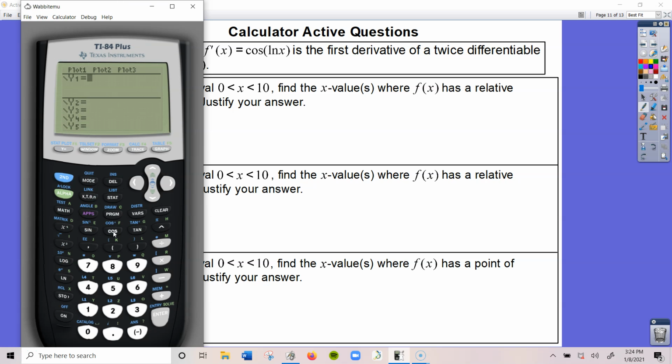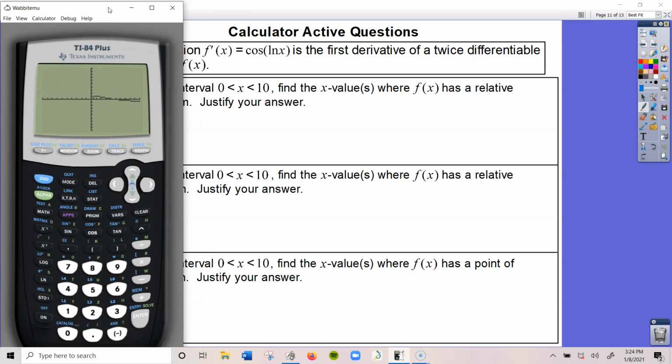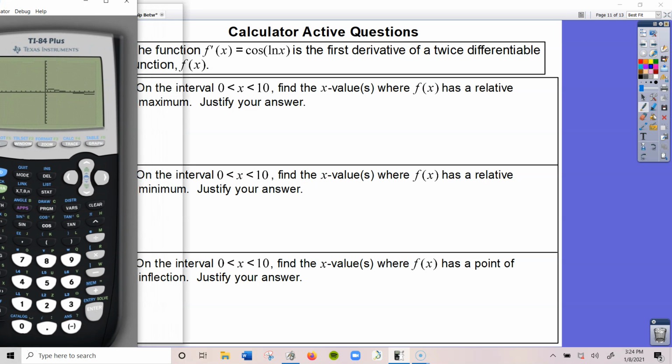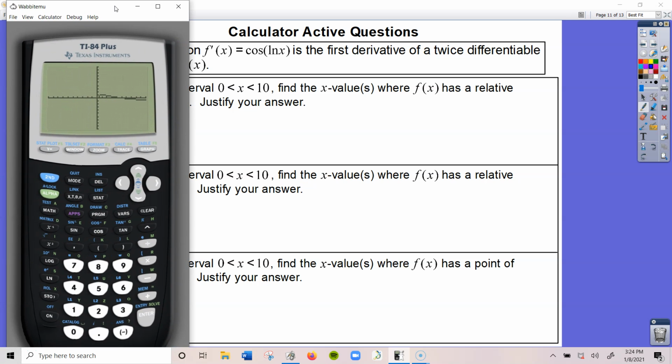So that's the cosine of the ln of x. I'm going to close both parentheses here, enter. I'm going to make sure that I have the standard viewing window, which I do, and now I'm going to graph it. Now, I want to zoom in a little bit more to 0 and 10.